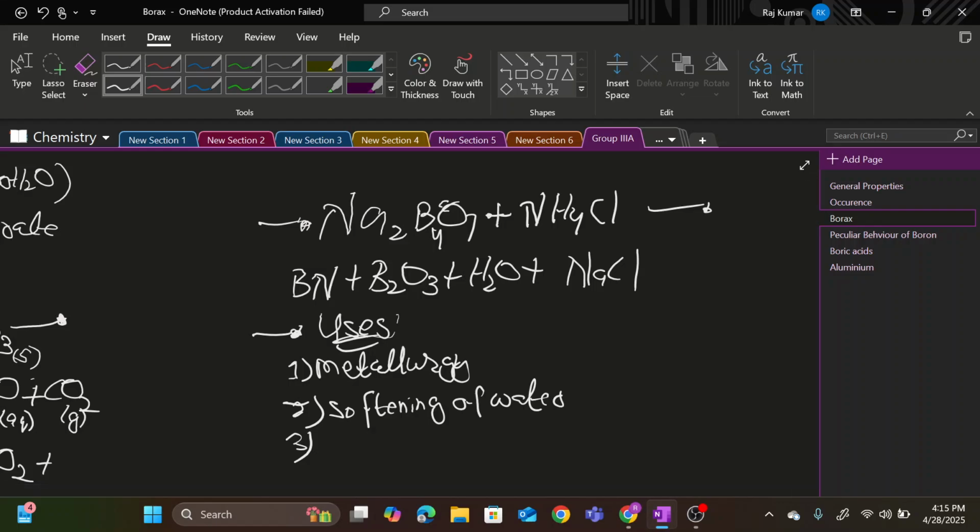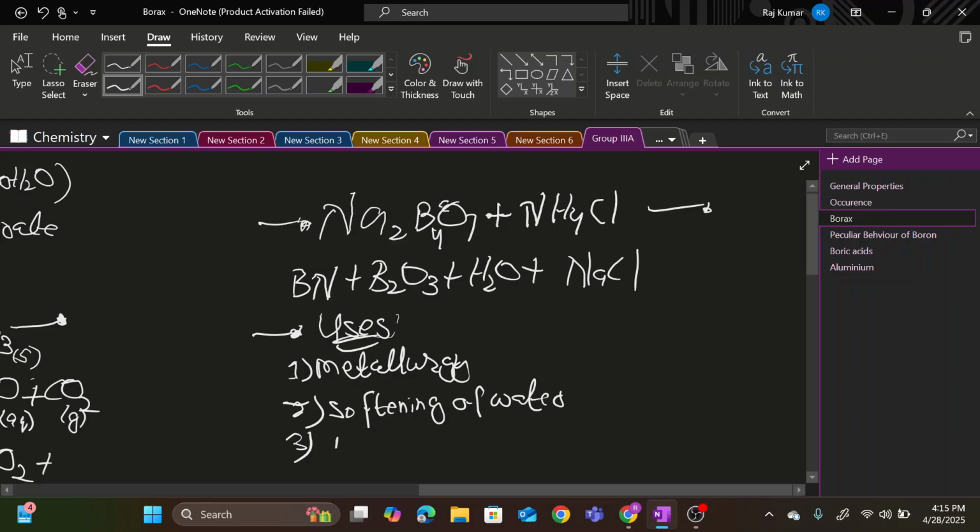It is used for testing metallic oxide using the borax bead test, as previously told.